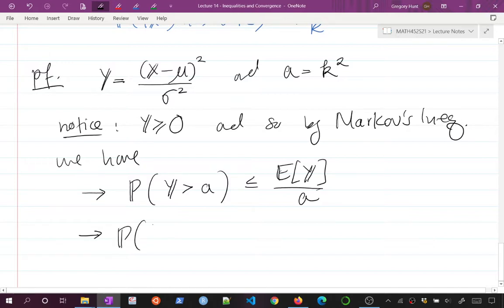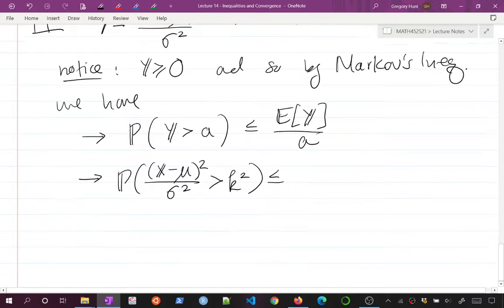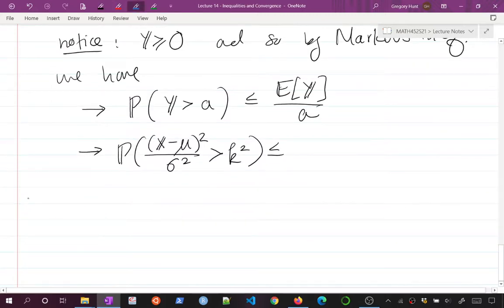This is the probability that x minus its mean squared over sigma squared is bigger than a, which is k squared. And that is less than or equal to, well, we need to calculate the expected value of y.